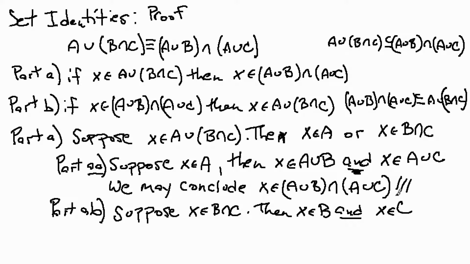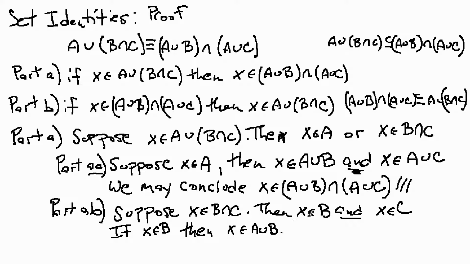Okay, now we're going to do basically the same trick that we did before. If X is contained in B, what may we conclude? Well, if X is contained in B, then X is contained in A union B. I hope that's clear to everybody.